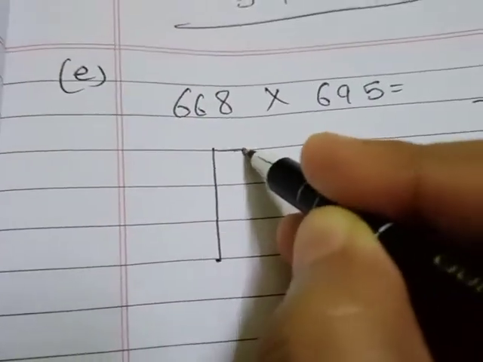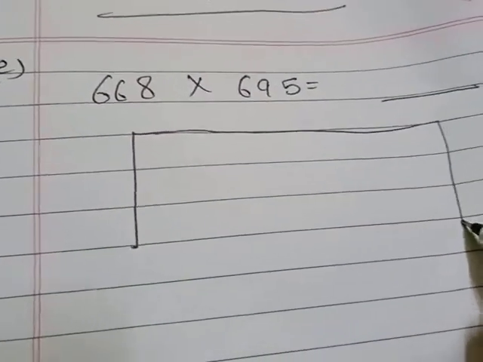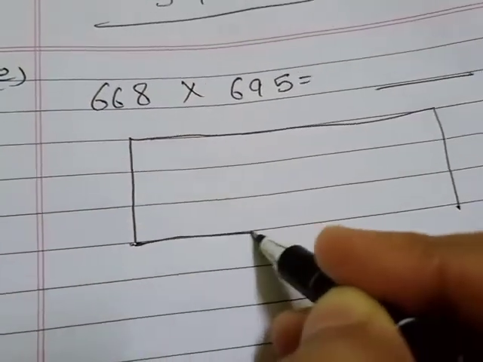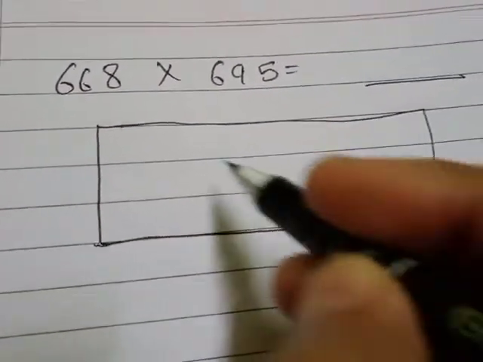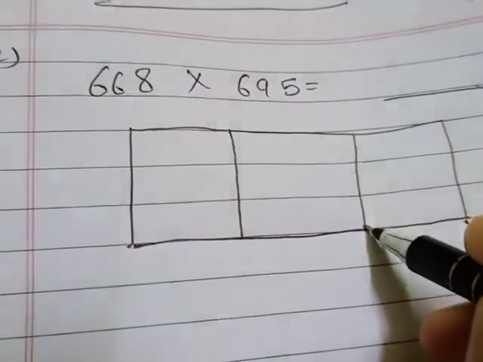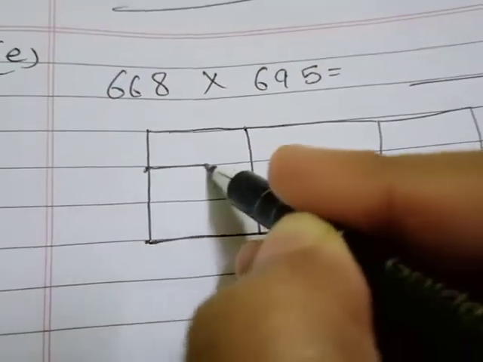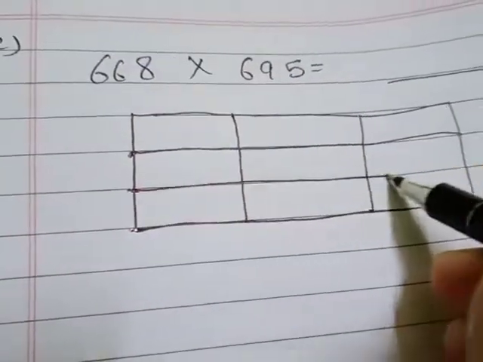Keep in mind, when we have a 3-digit multiplier and multiplicand, that time we will make boxes using 3 lines. Got it? In this we will make the box like this. You see, 2 lines like this and 2 lines like this. Understood? Why?